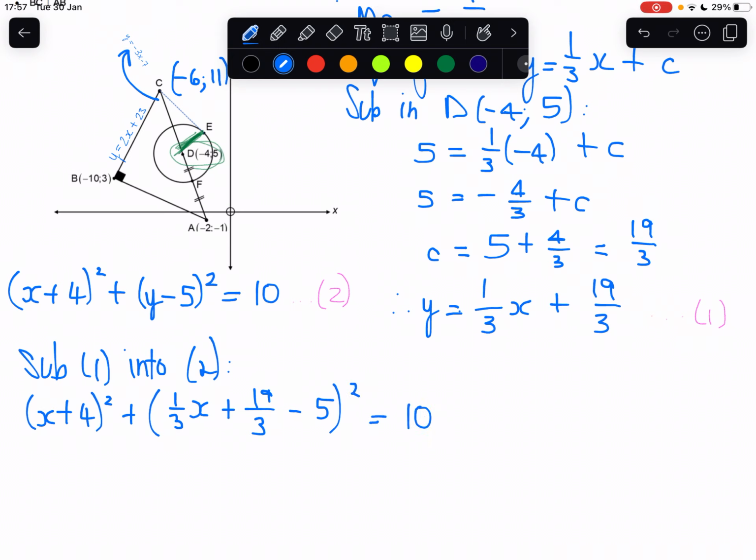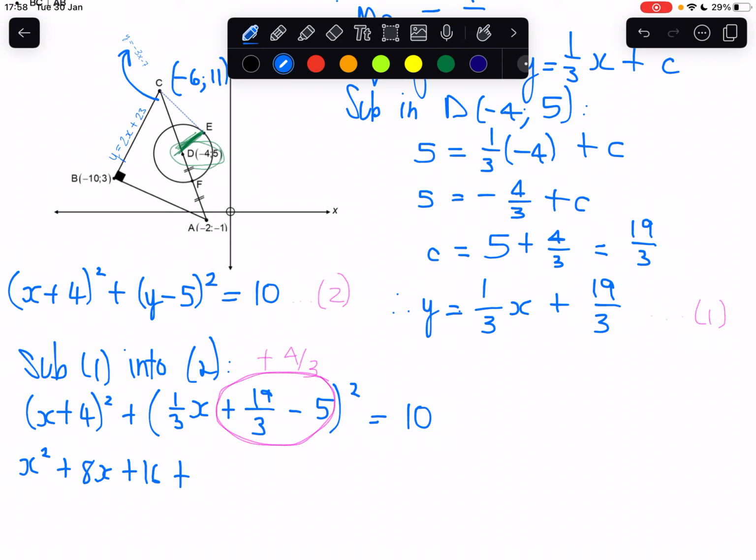Okay, and I'm going to expand, so that's going to be x squared plus 8x plus 16. Just quickly simplify this. So 19 over 3 minus 5 ends up being 4 thirds, so plus 4 thirds.